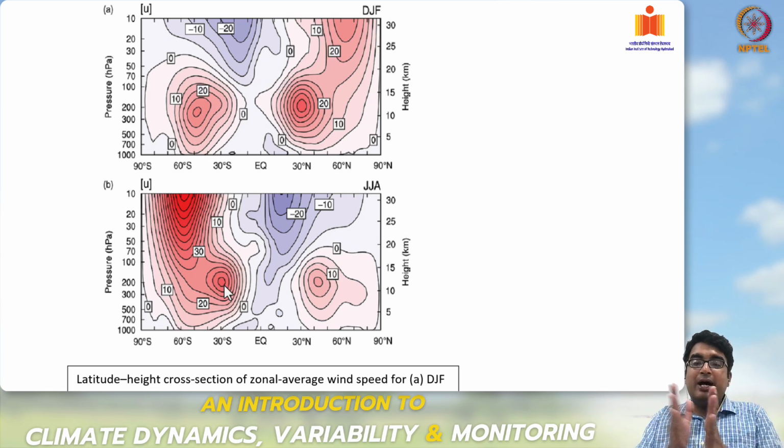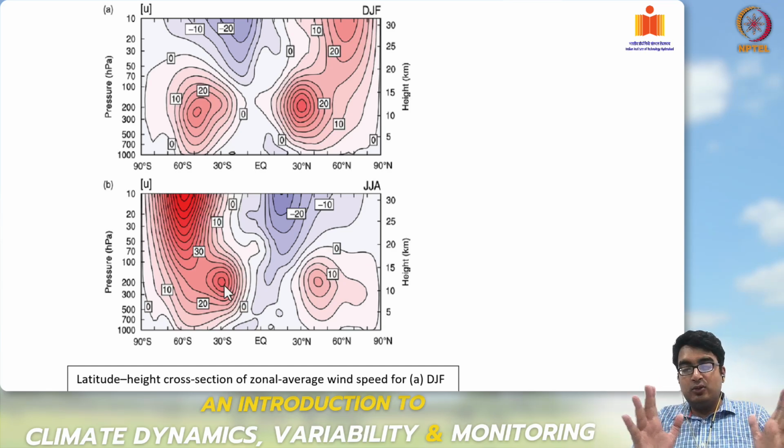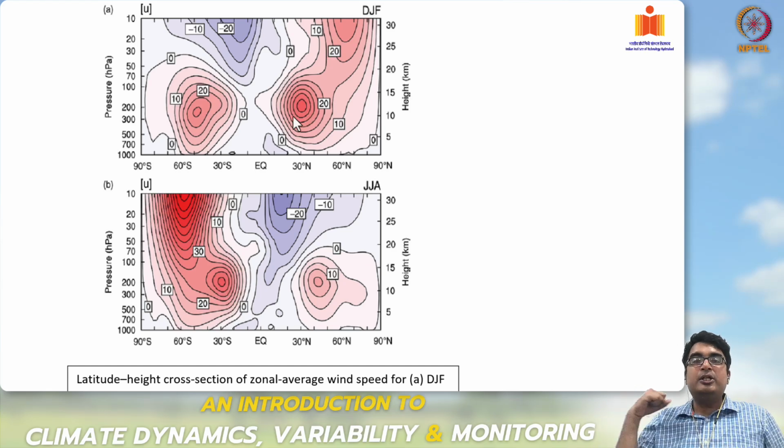So these two basically show the convergence zone between the Hadley cell ending and the Ferrel cell beginning, and how the shifting of these two cells with the seasons determines where the strong westerly circulation happens in the aloft region.